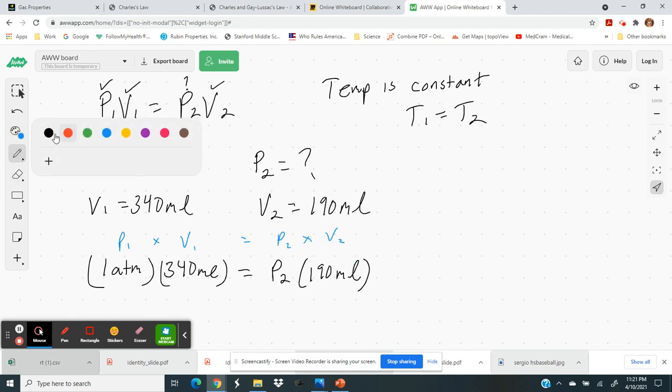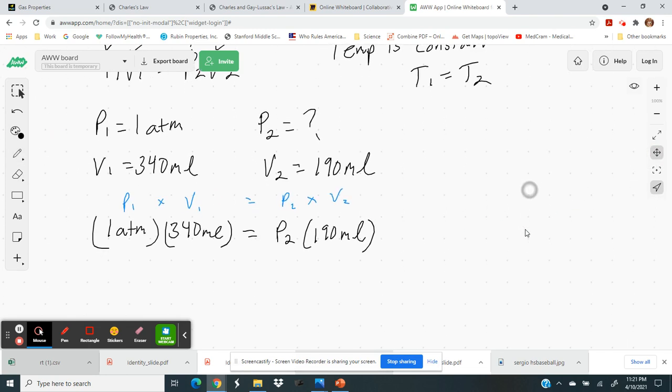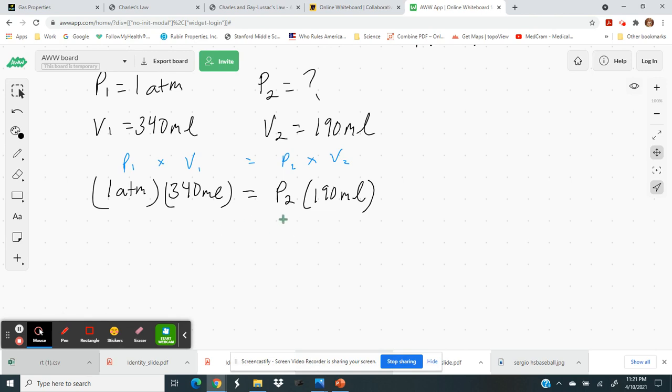And all you do now is plug and chug and solve it. Some people find this easy, and hopefully it is, but others need a reminder how to do this. P2 is being multiplied by 190 milliliters. To get it by itself, we need to get rid of the 190 milliliters. We want to isolate P2, so divide both sides by 190 milliliters.